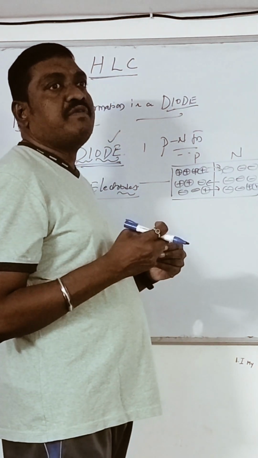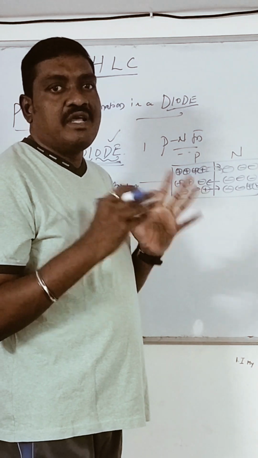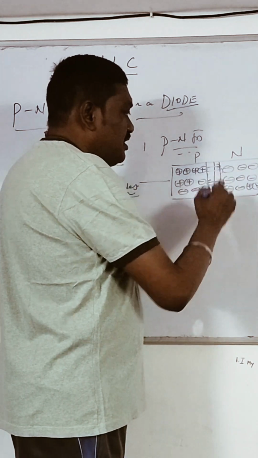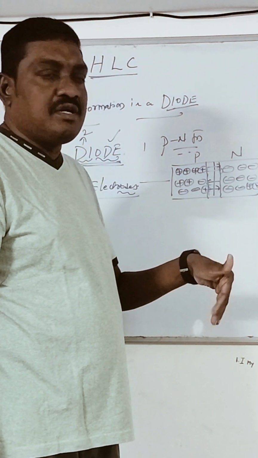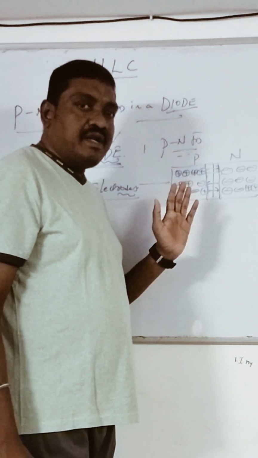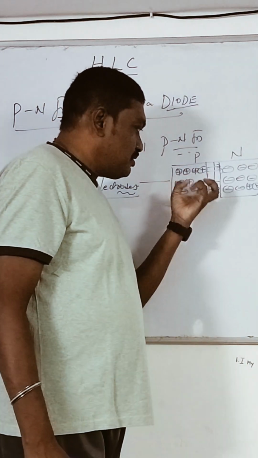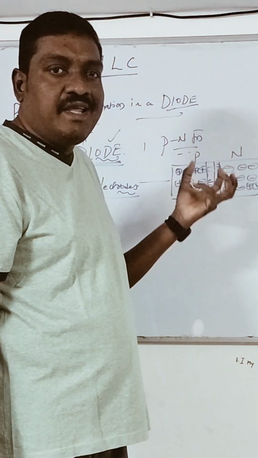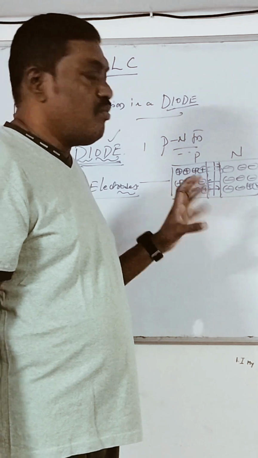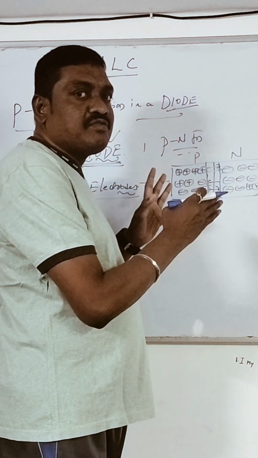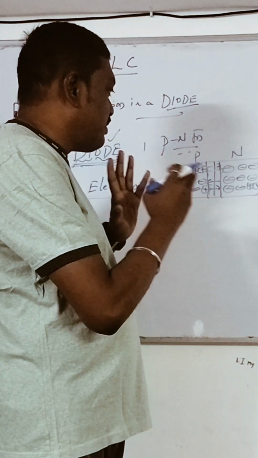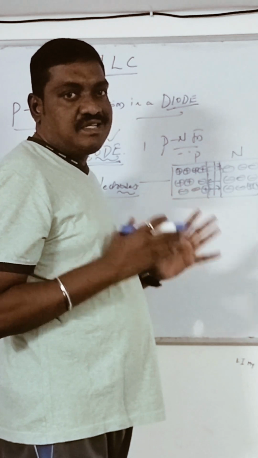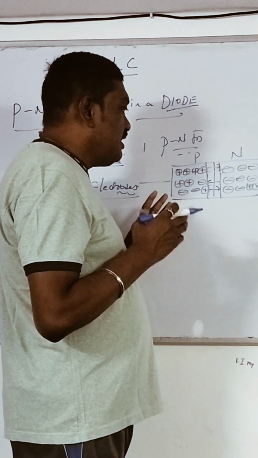Suppose a hole and an electron collide with each other, there forms a neutralized region. So at the center, a neutralized region forms by the collision of holes and electrons while moving from P to N and N to P, which doesn't allow any attraction or repulsion at the center. Once the region forms, there is no movement of holes and electrons from P to N and N to P. So it acts as a barrier and restricts the movement of charge carriers in the device.